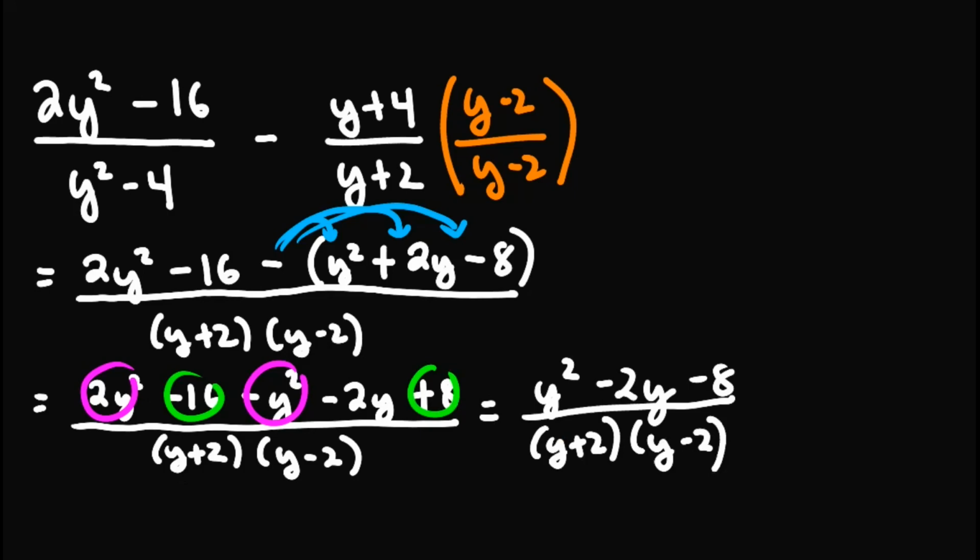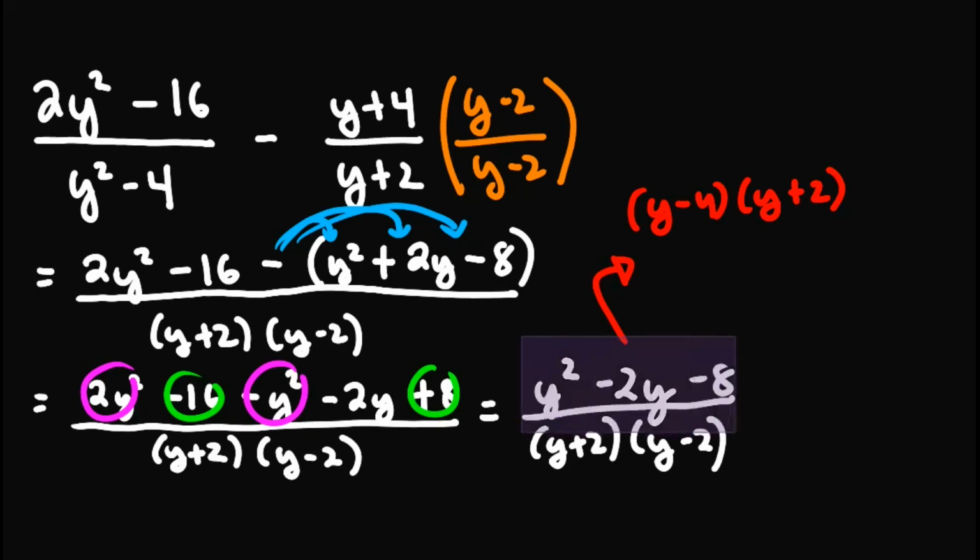Now is this the final answer? The answer is no, since we can actually factor out this numerator out here. By the factoring quadratic trinomial method, you can verify that the numerator is equal to y minus 4 times y plus 2.